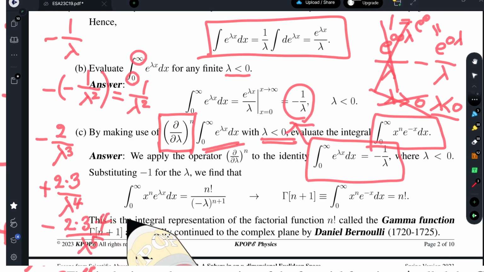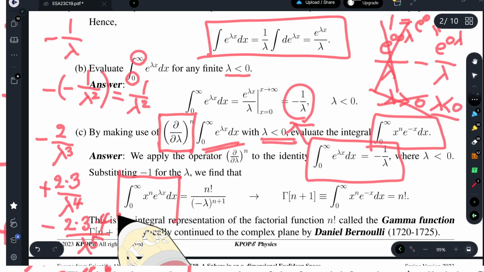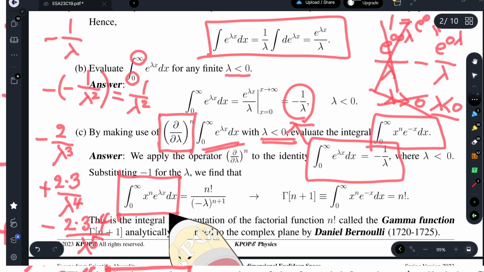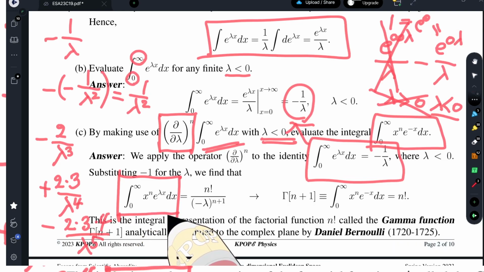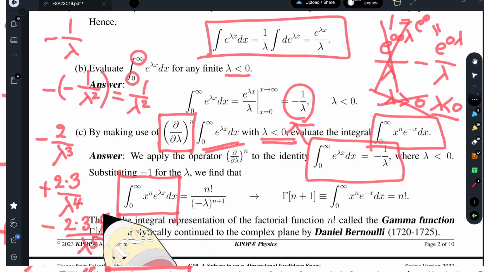We can find the general expression for this definite integral by making use of mathematical induction.